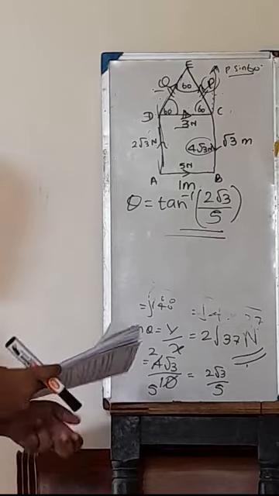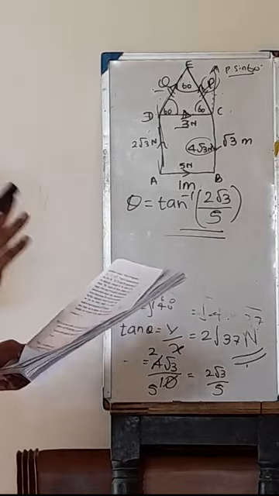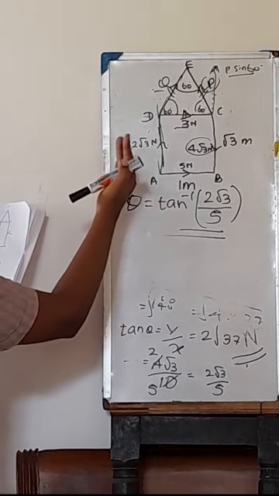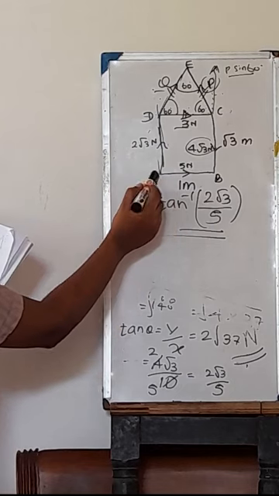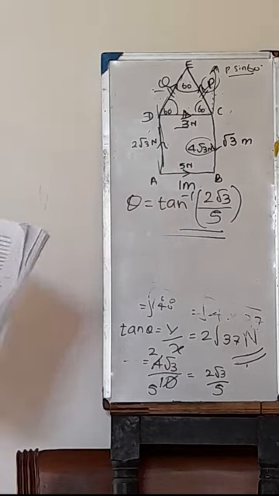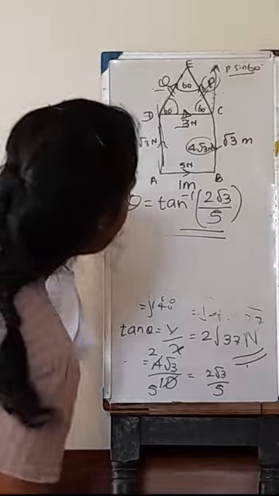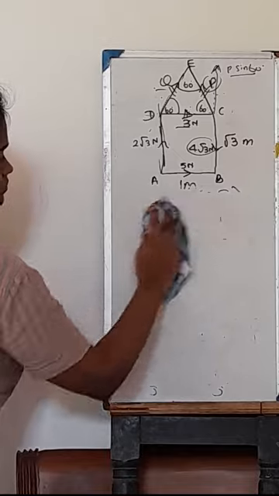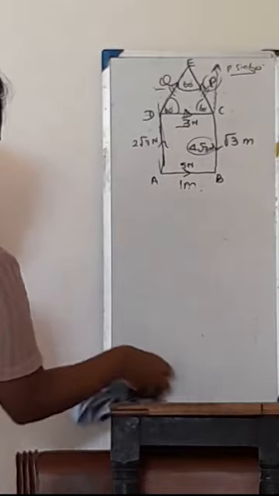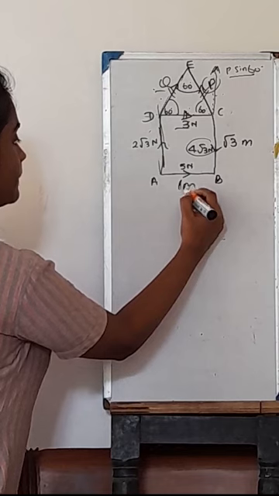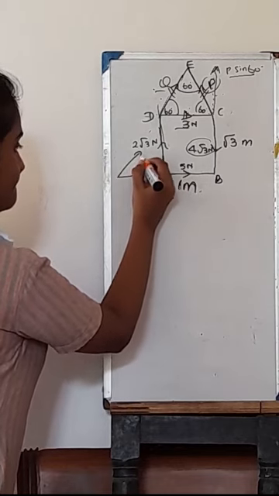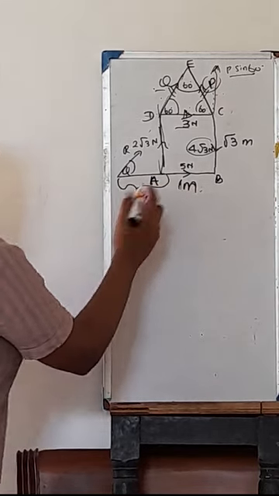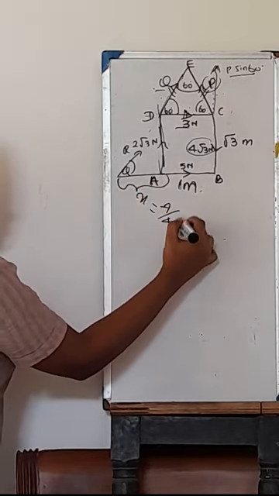Last part, they have asked us to show further that the distance from A to the point at which the line of action of this resultant force meets BA produced is 7 over 4 meters. Right. Now we have to find this distance, we have to show that this distance is 7 over 4 meters.